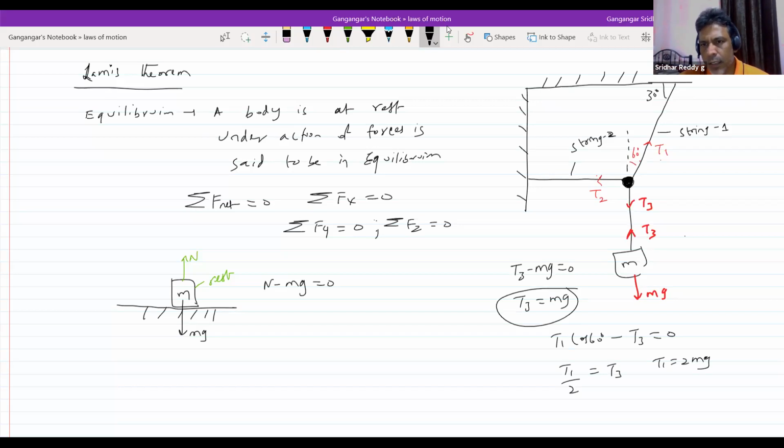Then T2 minus T1 sin 60 equal to 0. T1 value is 2mg, sin 60 is root 3 by 2. So T2 equal to mg root 3.